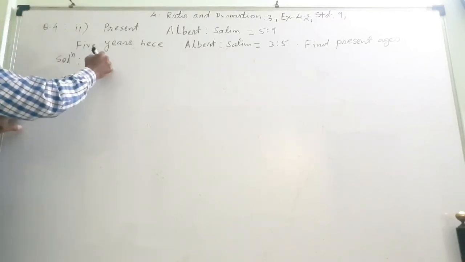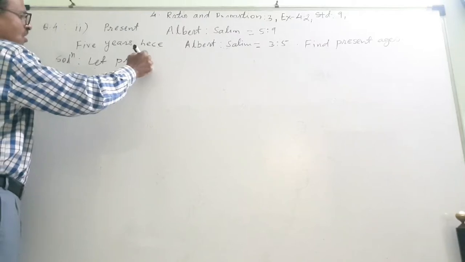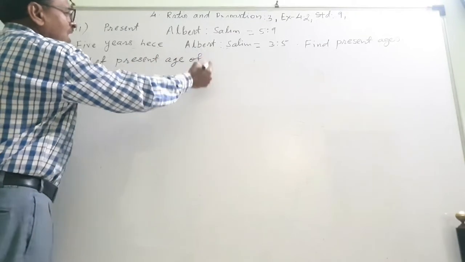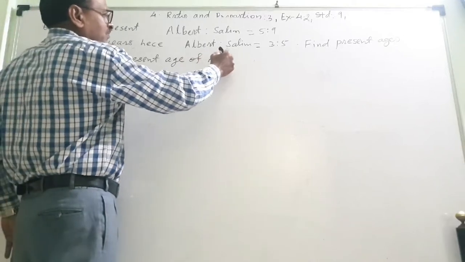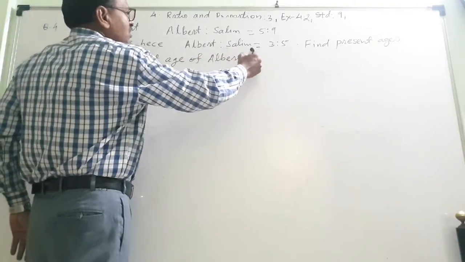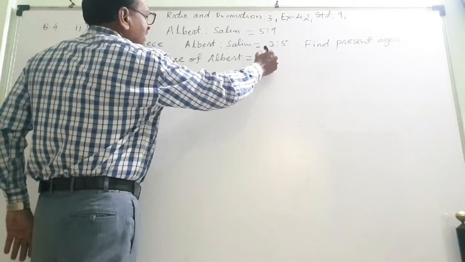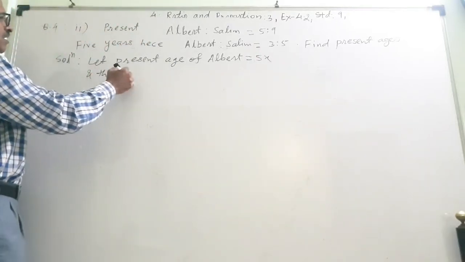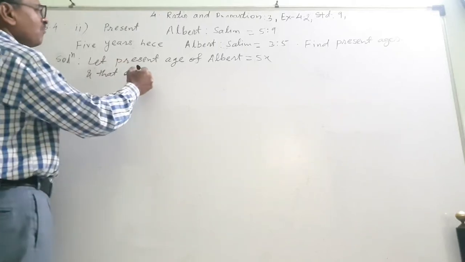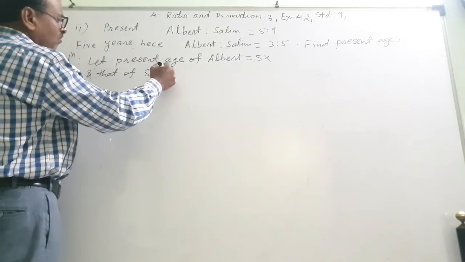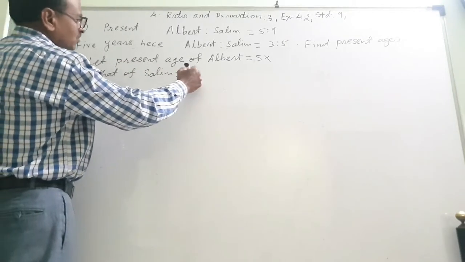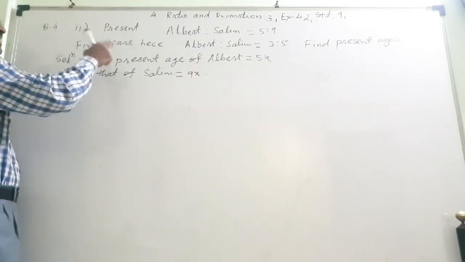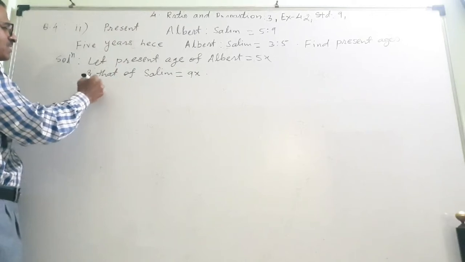So solution. Let present age of Albert be 5x, and present age of Salim be 9x.